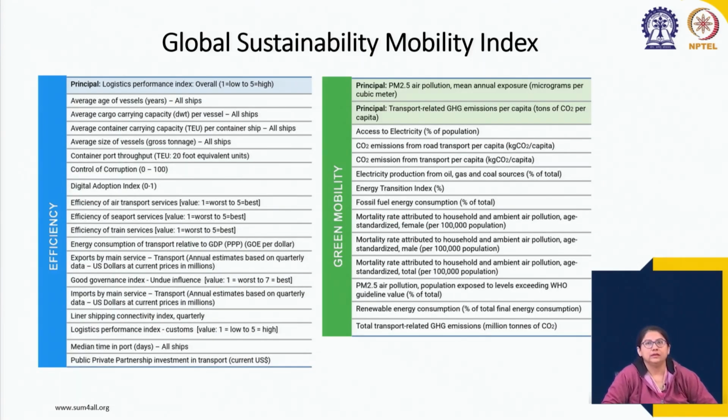When we are talking about the other 2 goals of efficiency and green mobility, we find that in efficiency the principal indicator is logistic performance index, which is again a relatively subjective measure, measured in ordinal scales of 1 to 5.